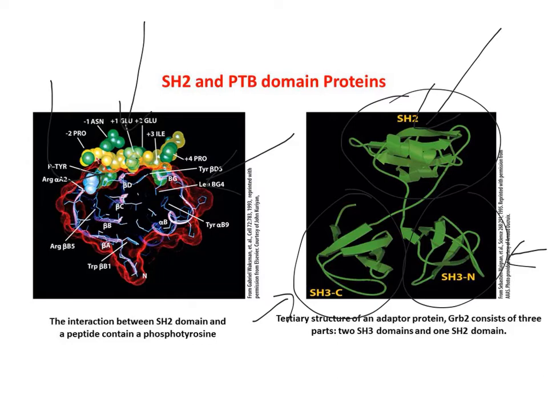We're going to look at this a little bit later, but ultimately these SH3 domains are important for interaction of something like GRB2 with SOS and then allowing for activation of some downstream targets. So the SH3 domains are for interaction with other proteins, and the SH2 domains are important for interaction with the receptor tyrosine kinase.